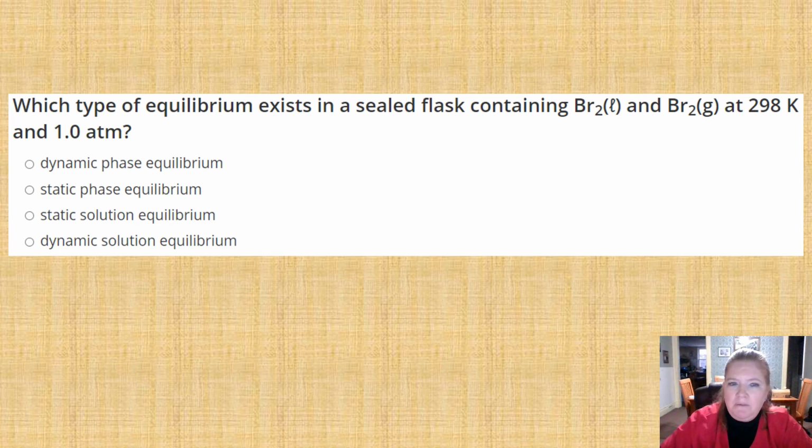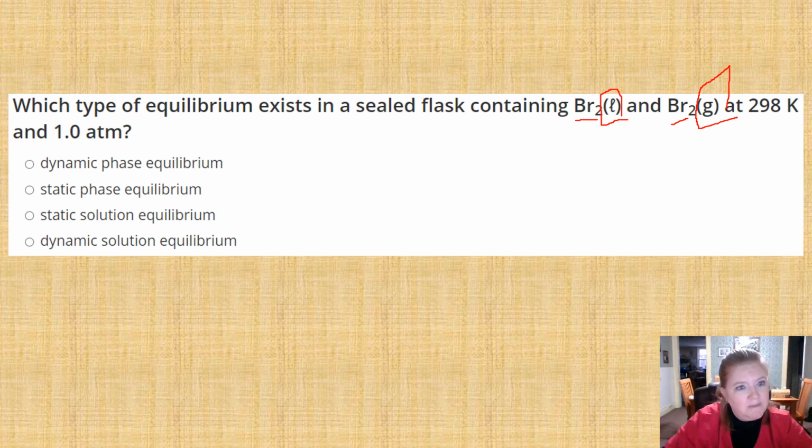What type of equilibrium exists in a sealed flask if we have Br2(l) and Br2(g) at 298 Kelvin and 1 atmosphere? So do you remember what this means? That means a liquid. Remember what this means? That means a gas. Look, I have the same substance, two different states of matter in a sealed flask.